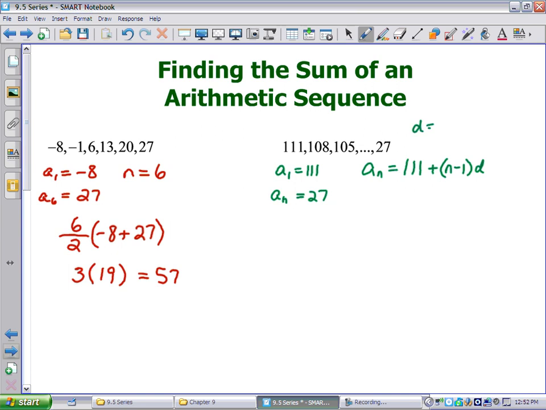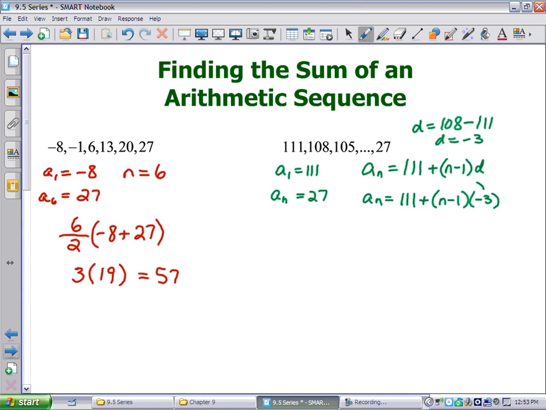So if I look at 108 and I subtract 111, I have a difference of -3. So I'm going to substitute -3 in here for d. So I have a sub n equals 111 plus n minus 1 times -3.